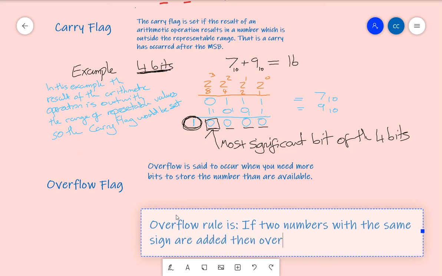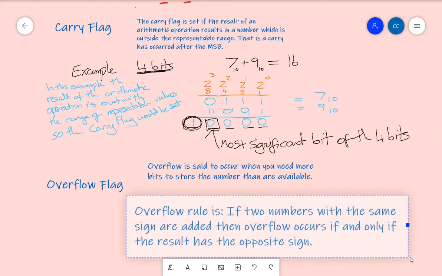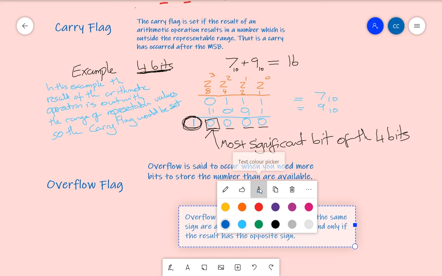then overflow occurs if and only if the result has the opposite sign. So that means if two positive 2's complement numbers are added together and the result is a negative 2's complement number, then the overflow flag would be set to 1.